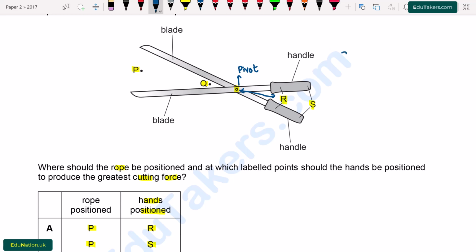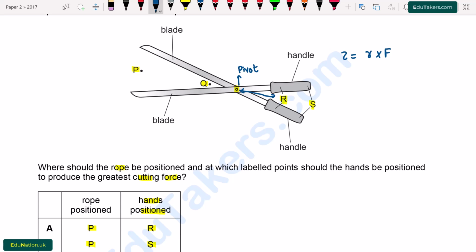Because we know that torque is equal to r cross F. It is the product of the force and the distance from the pivot point to the line of action of force. So torque will be maximum only when we consider distance S, not the distance from R.